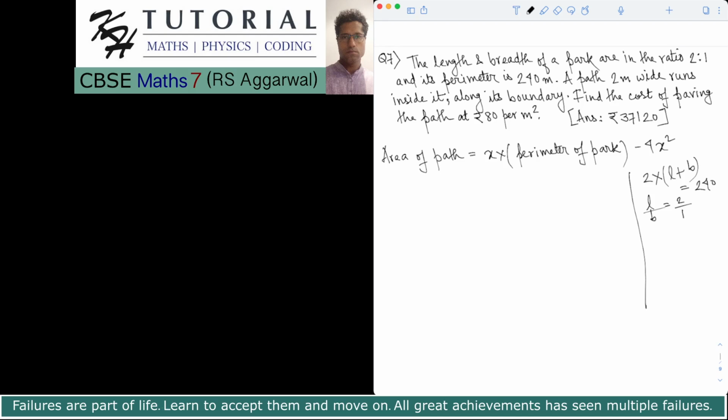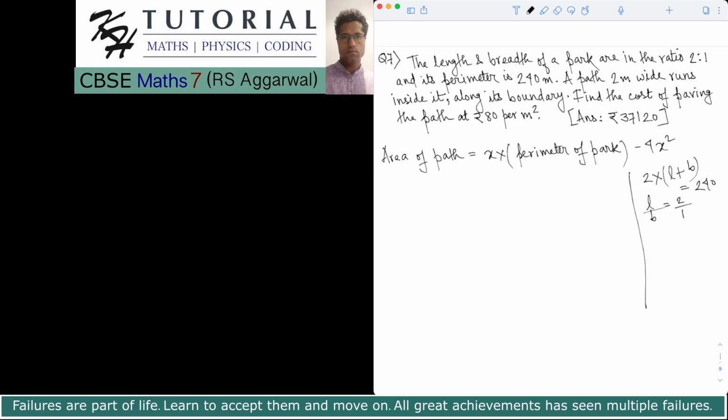From these two pieces of information, you can easily find L and B. Once you know L and B, you find the area of the park, and then, using the concept of the area between two rectangles, the outer rectangle is the boundary of the park and the internal rectangle is the inner boundary of the path, you can find the area of the path.